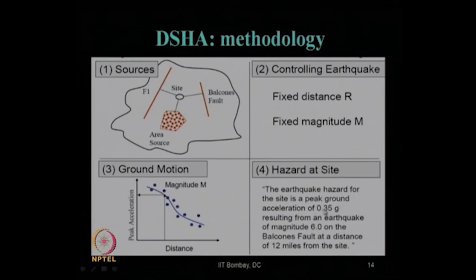Just a value is shown, say an acceleration of 0.35 g resulting from an earthquake of magnitude, say 6, which is the controlling earthquake, on some fault at a particular distance, say 12 miles, which is the minimum distance from the site. This is just a typical example of how the final output of the result is reported for your design. So, this is the final output of your seismic hazard analysis using this deterministic approach.